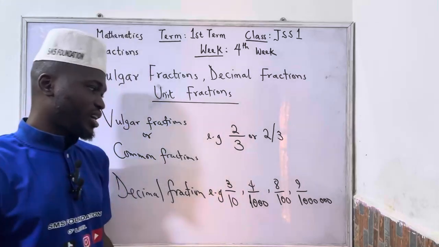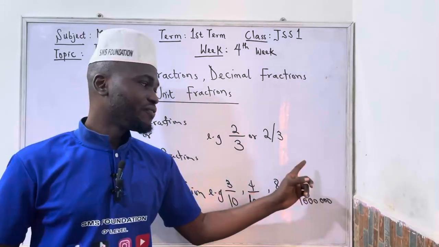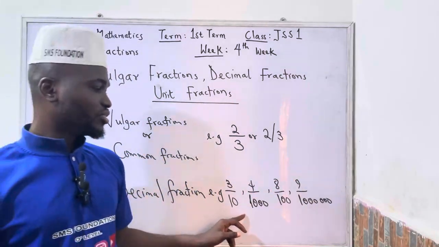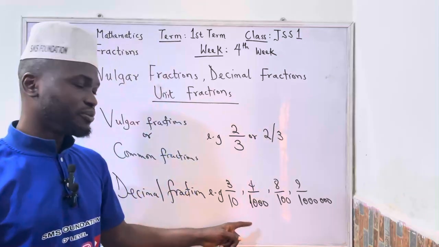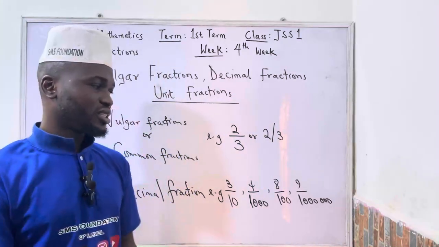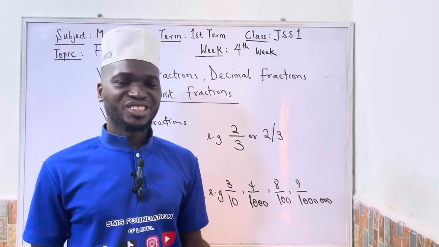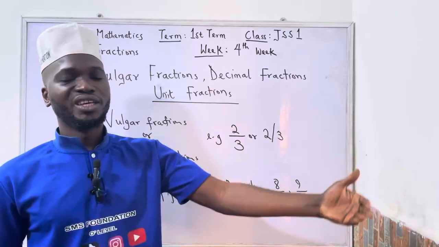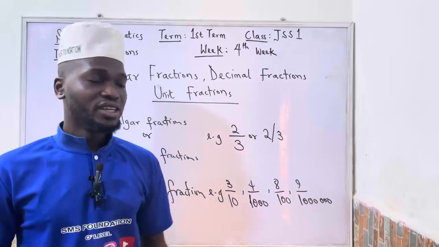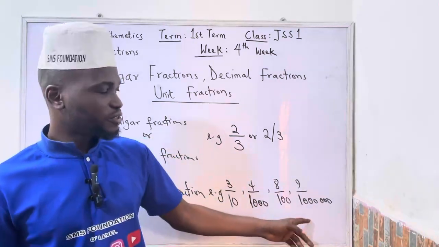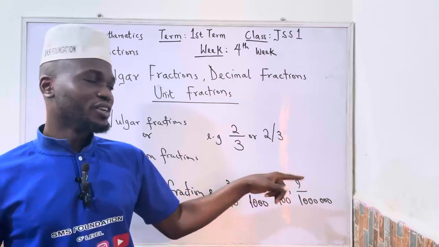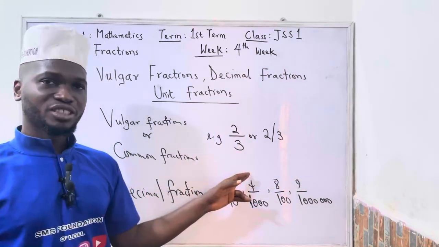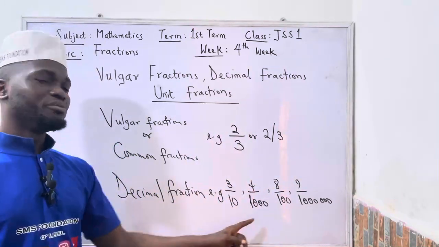All these are called decimal fractions because when you convert them to decimal, the number of zeros at the bottom will tell us how many decimal places we are going to have. When we get to conversion of fractions to decimals or decimals to fractions, you will know more about this.